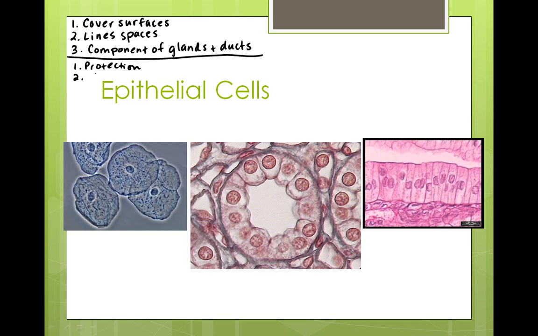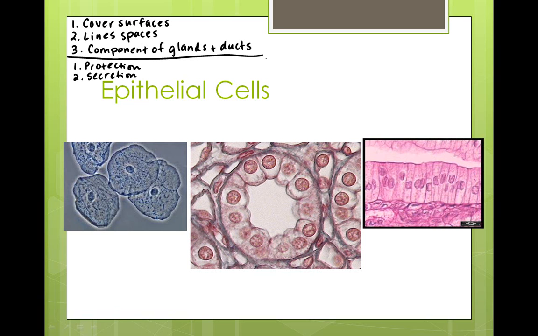Number 2 is secretion. Now, the secretions that epithelial tissues release play a variety of roles. Some of it is to provide a lubrication so that organs don't rub against one another.